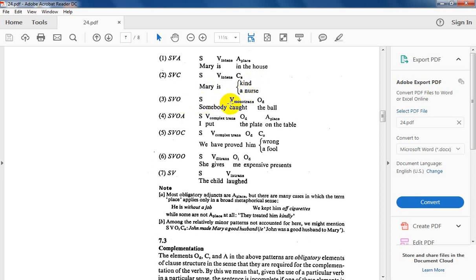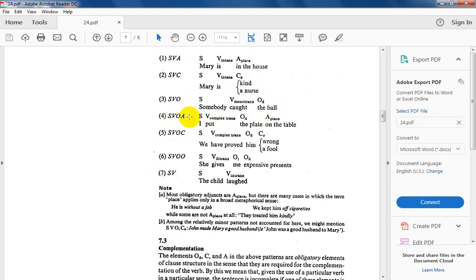SVO, in which I have one direct object, is called monotransitive. Somebody killed the ball. I cooked the dinner. It is again SVO. And I have SVOA.